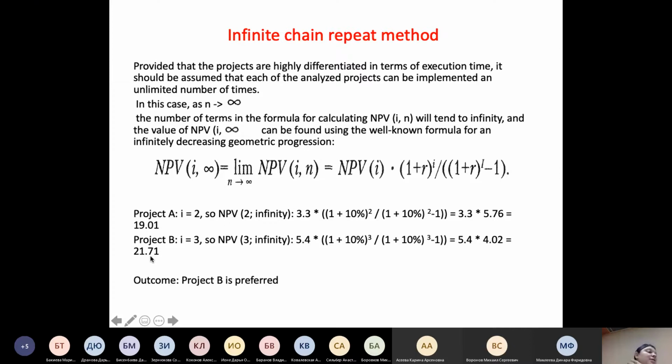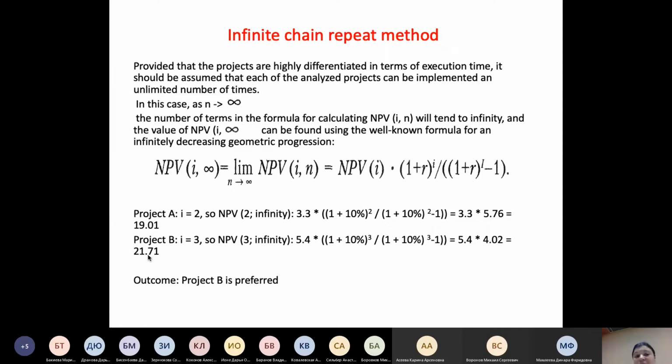Certainly this method ignores the amount of repetition and the smallest common amount of cash flows, but using our formula of decreasing geometric progression, you can compare the projects in the same conditions, in the same scenario.